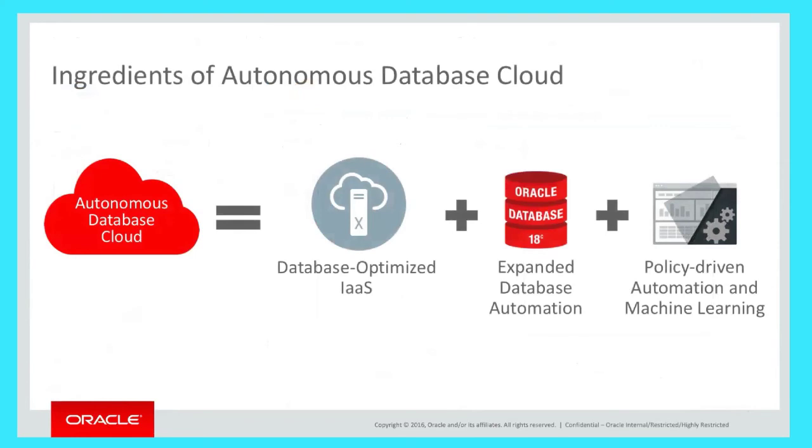So looking at our own autonomous database services, autonomous is not automation. There's a distinction there. Automation is just one ingredient that enables autonomous. So I'm just going to focus on how we do things internally for our fully managed services.